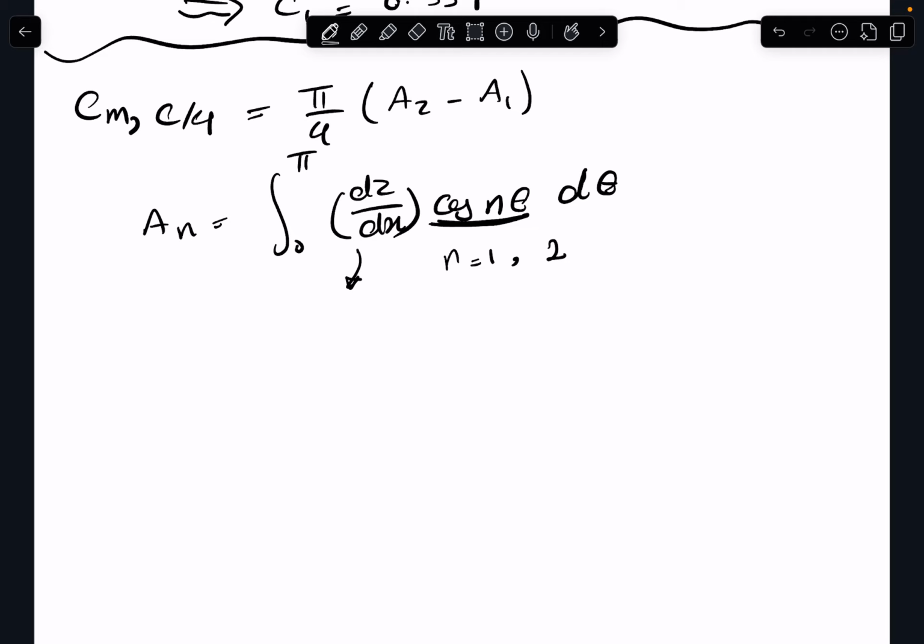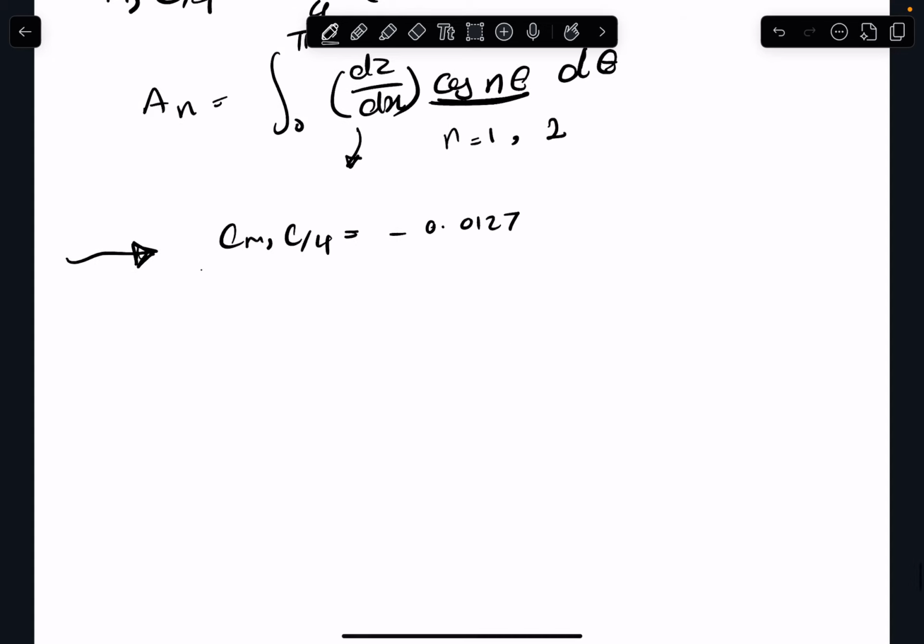If you follow all of the steps correctly, your Cm around the quarter chord is going to come out to be, I have to look up the value from my notes, negative 0.0127. You have to keep in mind that these are force coefficients or moment coefficients that are dimensionless. So there are no dimensions here.